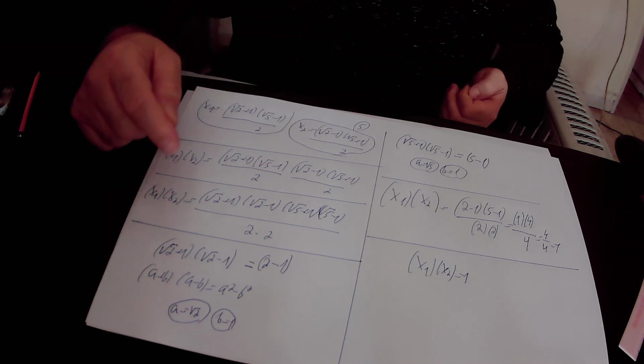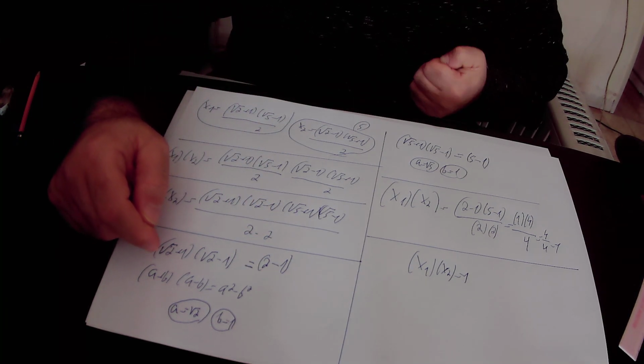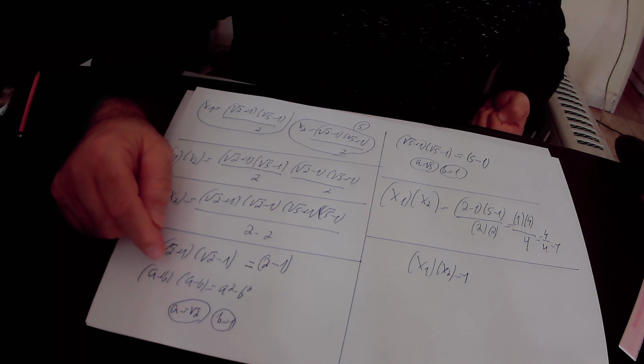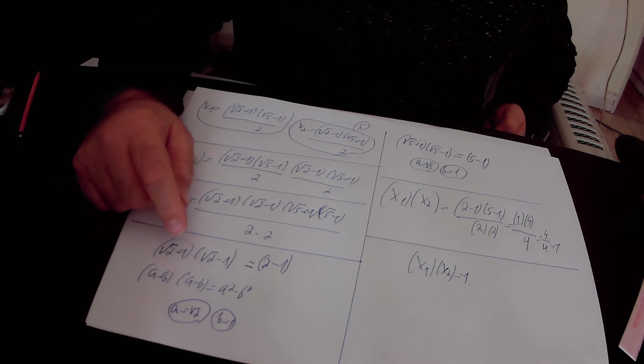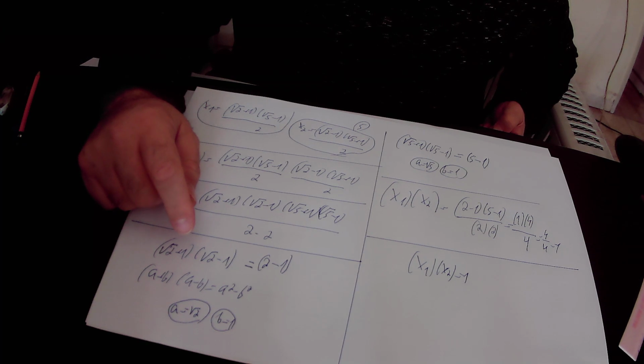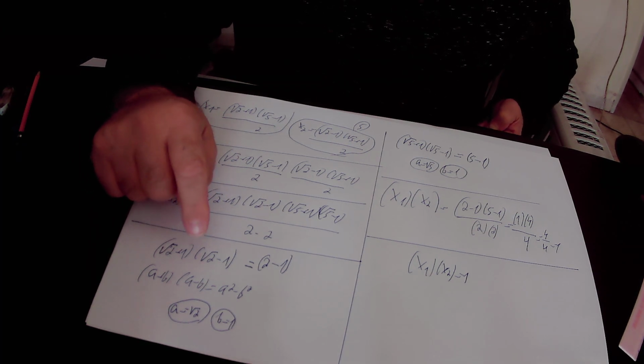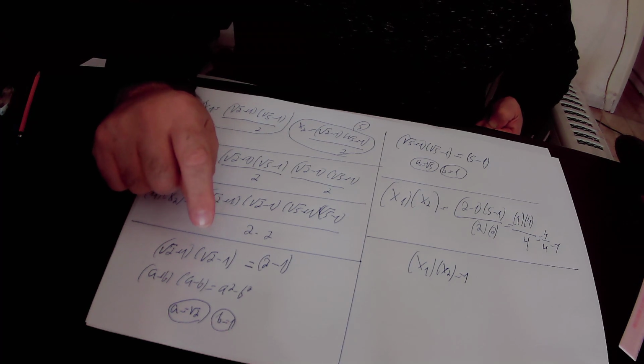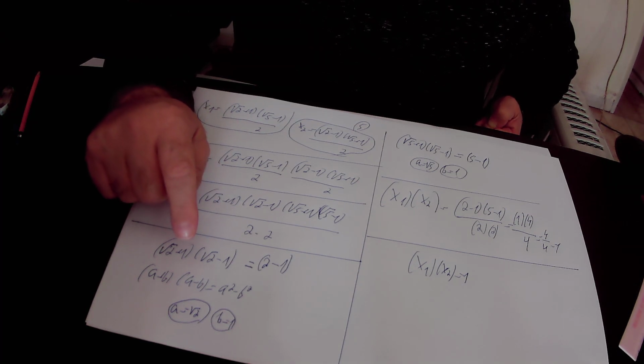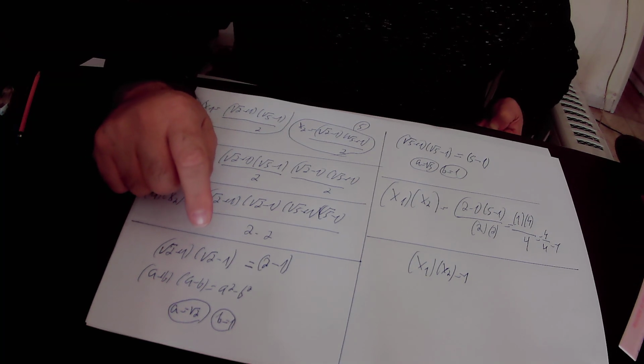In our specific expression, a equals square root of 2 and b equals 1. So we must get that the value of this expression, according to this algebraic identity, equals a squared minus b squared. A equals square root of 2, so a squared is square root of 2 squared, which is 2, minus b squared.